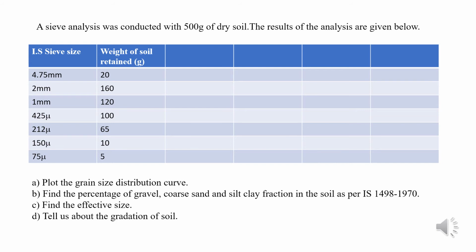We see the table. The sieve size is given, and corresponding to the sieve size, the weight of the soil retained in that particular sieve is given. So we know the diameter of the particles in the soil sample corresponds to the sieve size opening, right? So we can write what our diameter of grain is. So let us write it.